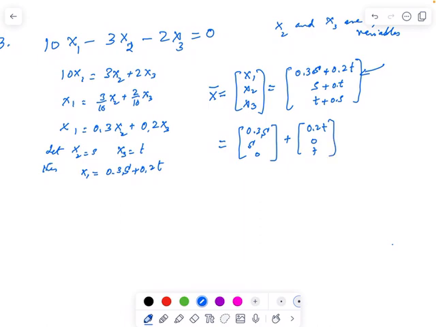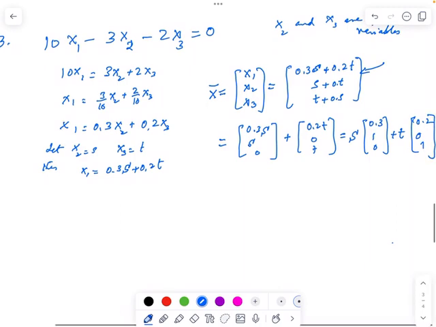So that I can write it like s times (0.3, 1, 0), plus t times (0.2, and there is no t in the second, so 0, and 1). So this is what we are getting. What are s and t?